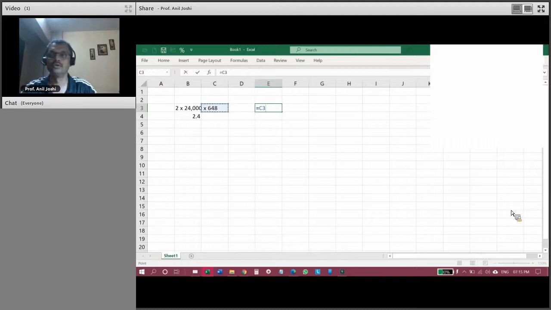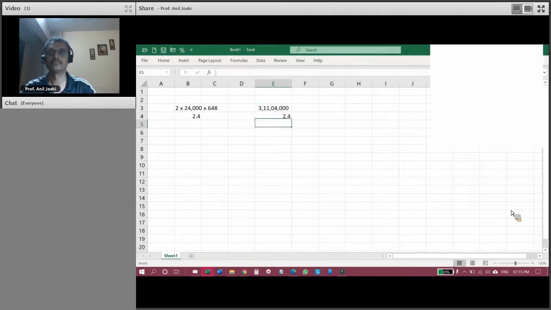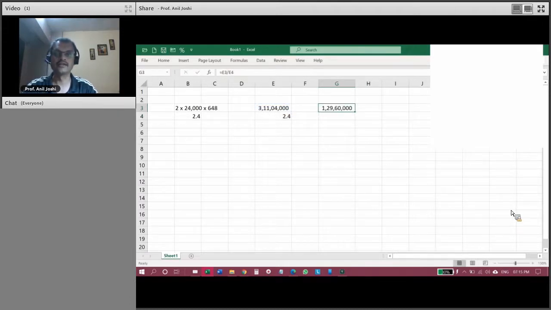So 2 into 24,000 into 648 divided by 2.40, correct? So the answer is this divided by this, and the square root of this. The entire thing is in square root. So square root of... perfect.